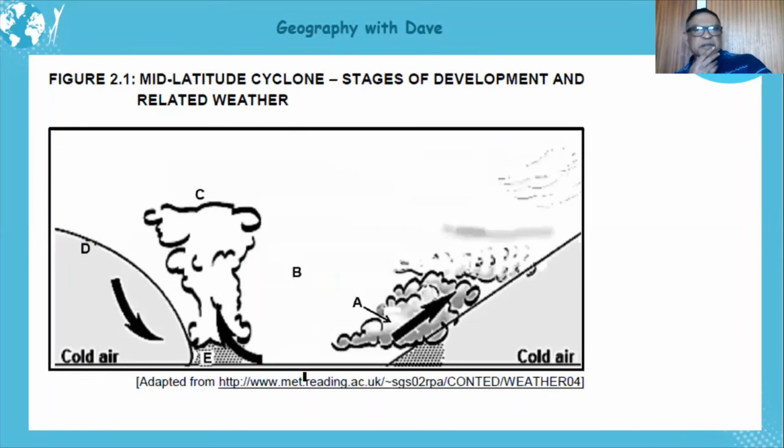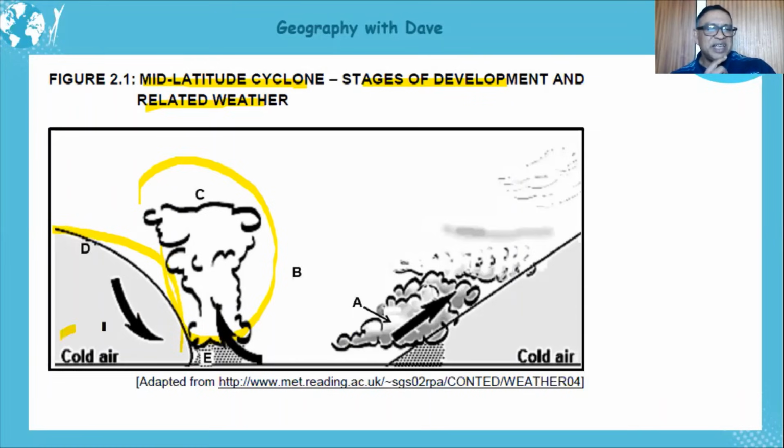Okay, I'm not, as I say, I'm not going through all. What is this? Mid-latitude cyclone. Okay, I've read it. Oh, it says stages of development and related weather. Okay. I see a large cloud here. Cumulonimbus, rainfall. Okay, what happens here? Oh, so this is my cold front.